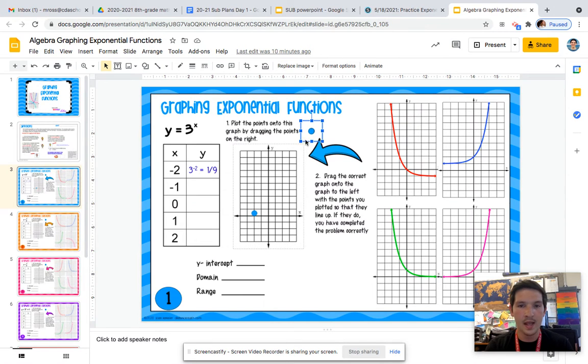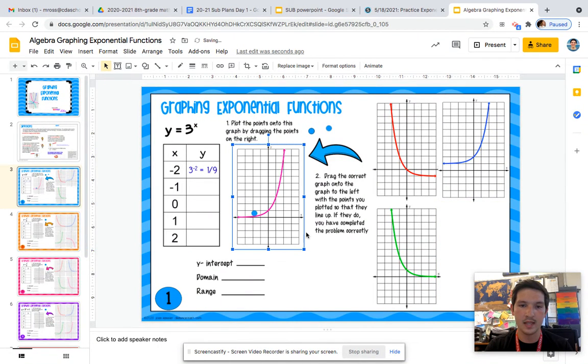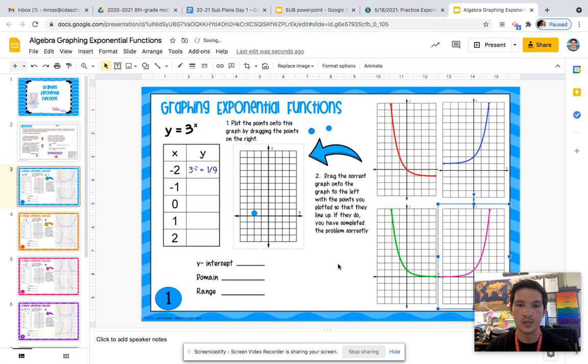If you're having a difficult time getting it centered, you can hold down shift and use your arrows, and it moves a lot less. You're going to fill out the table and plot the points. Then choose which graph is matching it, drag it over, match it up on top of your points and see if it matches. If it doesn't, you did something wrong and you need to retry.